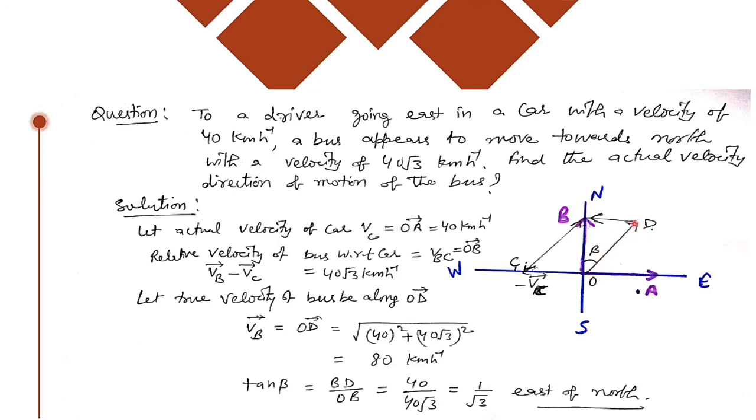Then OD and OC are the two vectors, and the resultant is given by OB, which is equal to VB minus VC. So from here you can find the resultant vector, or this VB is to be calculated, which is actually equal to OD.